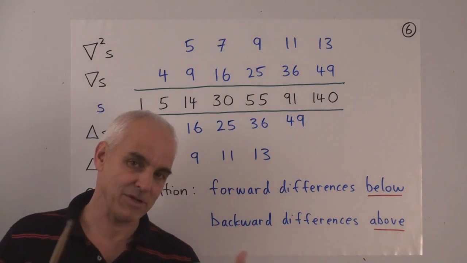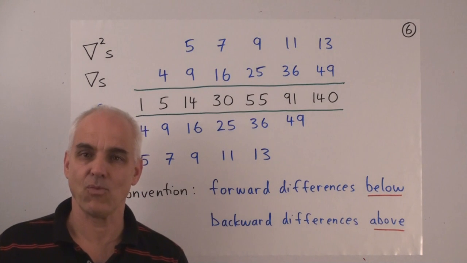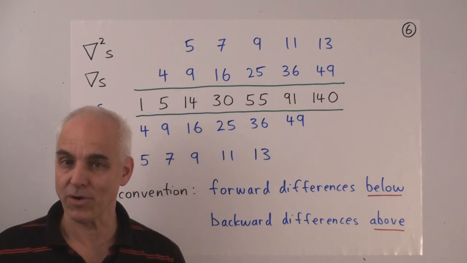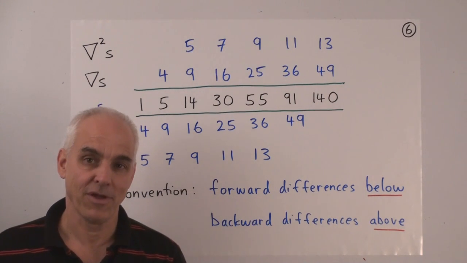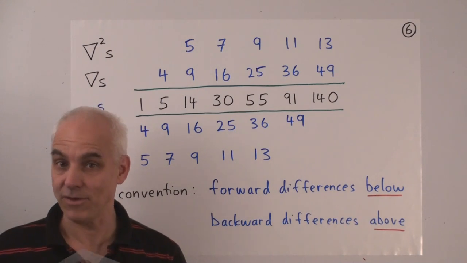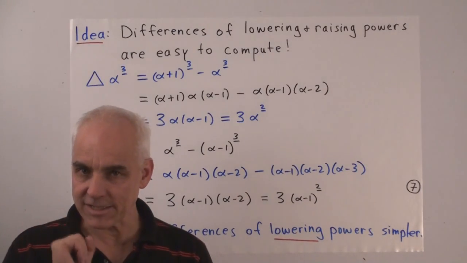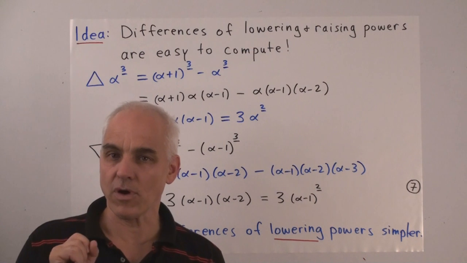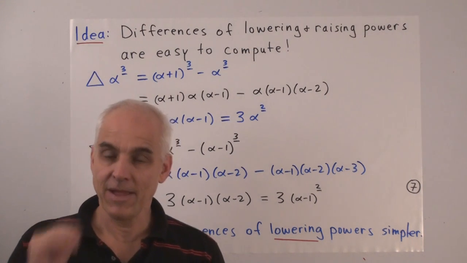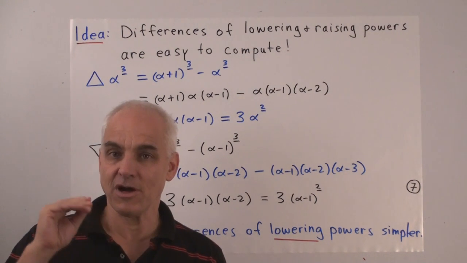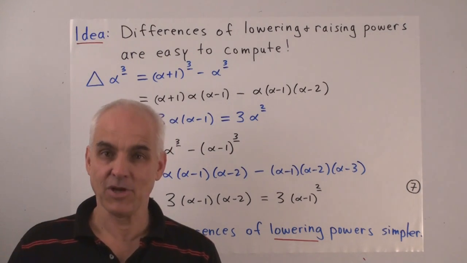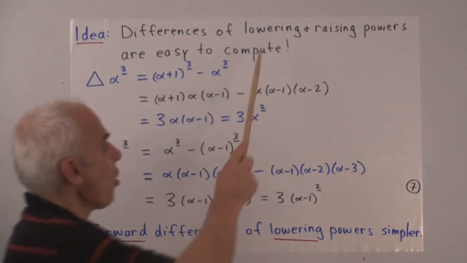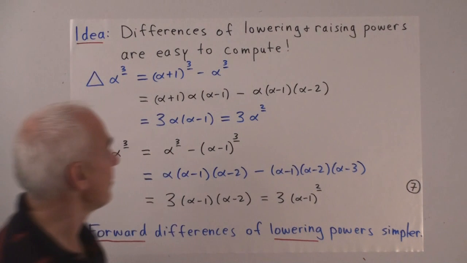Okay, so now that we've got some notation, let's have a look at why these lowering factorials and raising factorials are interesting and useful. So the key insight is that difference operators are especially easy to evaluate when we're talking about lowering and raising powers.